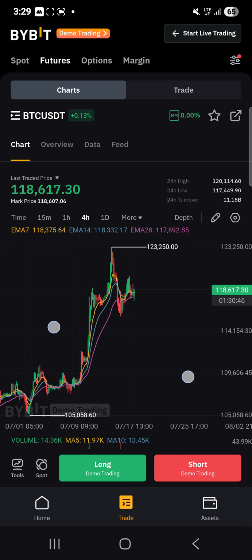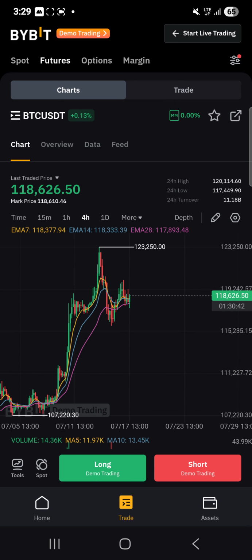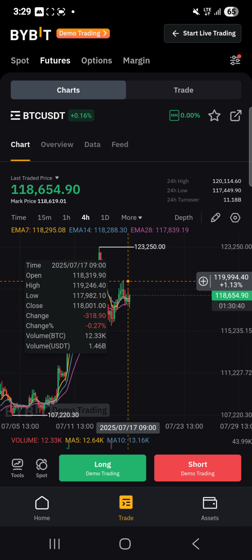And now my stop loss, I can decide to close my trade at this point, 119994, so that if the trade should go against me and hit this 119994, it automatically closes for me. I don't want to trade again.